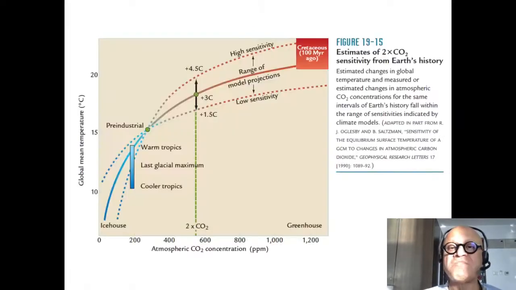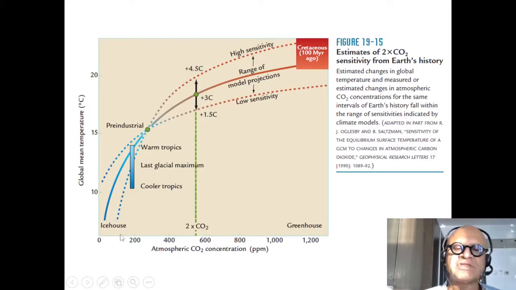Okay, so we must know the climate sensitivity, and also the previous climates like the Cretaceous 100 million years ago, which had the highest global mean temperatures in recent periods, at more than 20 degrees, and had the sensitivity somewhere here, and the ice house of the past had sensitivity or global mean temperatures somewhere here.